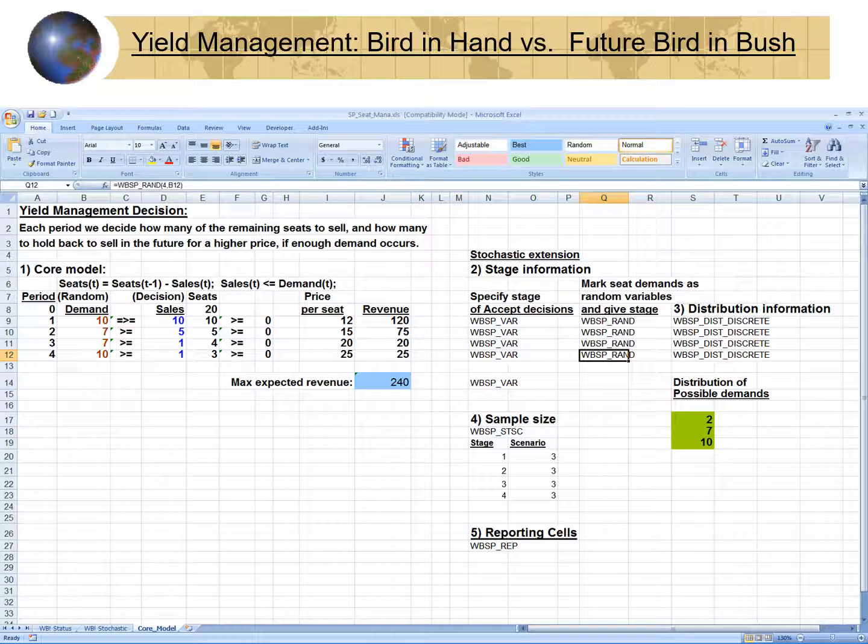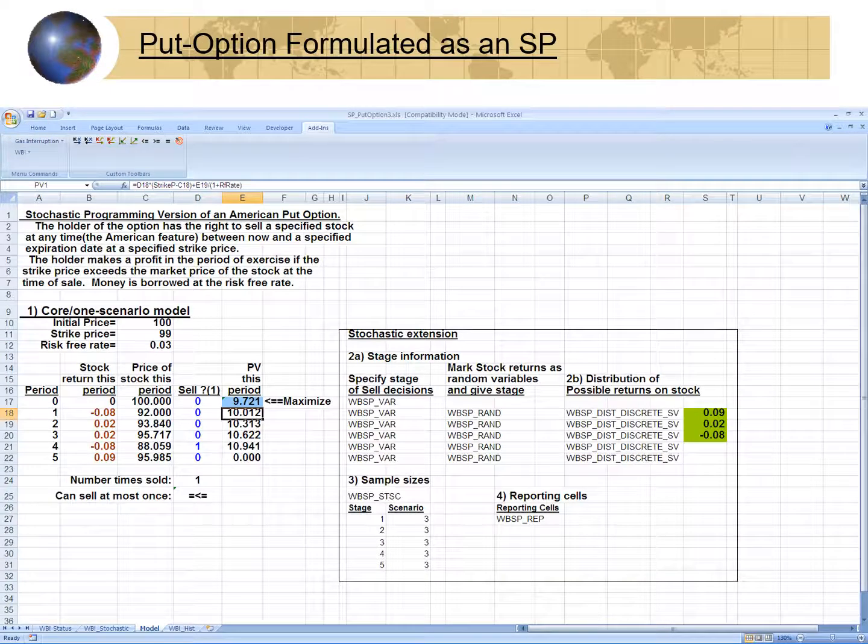And the question is, how many seats should we hold back in each period? So if you expect that you're going to have a substantial demand right before you have to use the seat, you may want to hold back some of the seats. That's fairly easy to formulate in What'sBest, also as shown in this sheet.